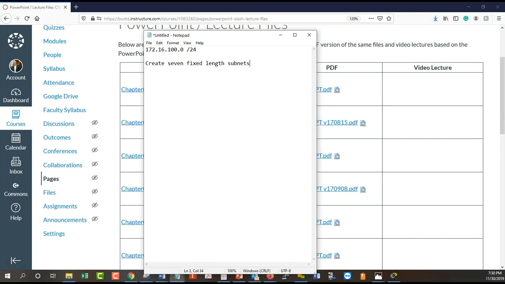Yes, we are going to have to borrow some bits. So how many bits are network bits, and how many bits in this address are host bits?